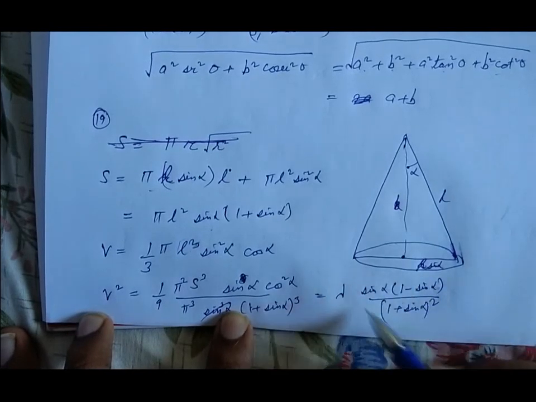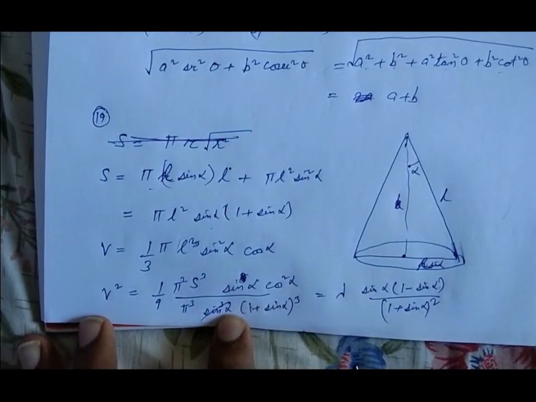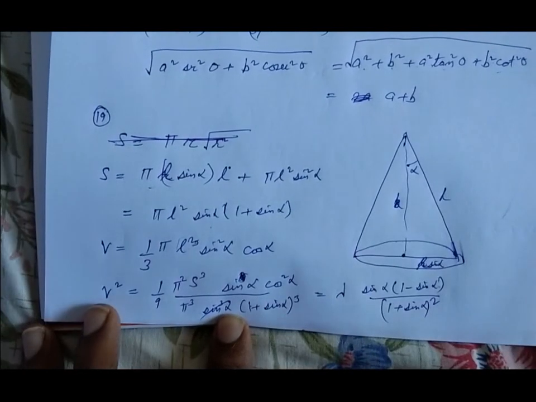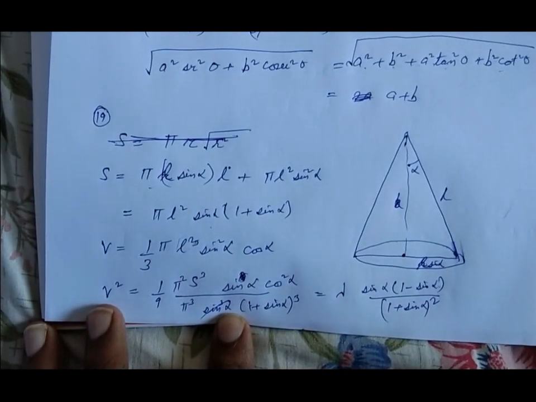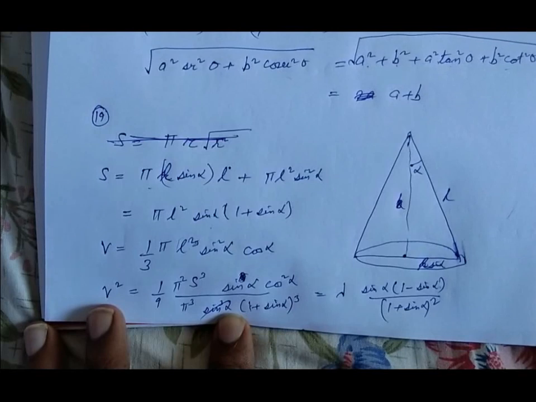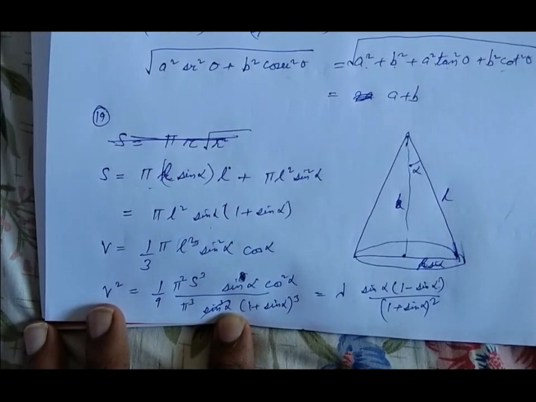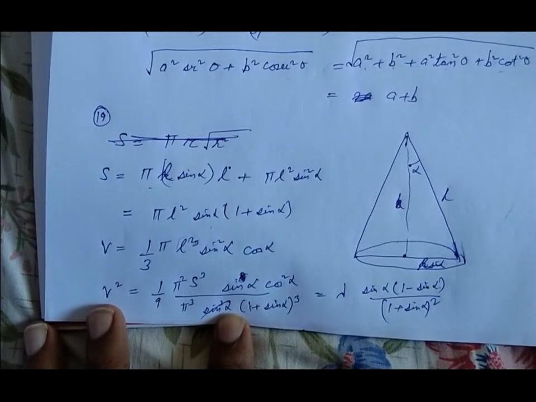So we need to maximize this and obtain the result. We can differentiate this with respect to alpha and find the value of alpha, which should come out to be sin inverse 1 by 3.